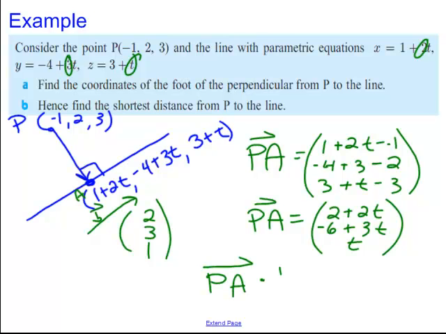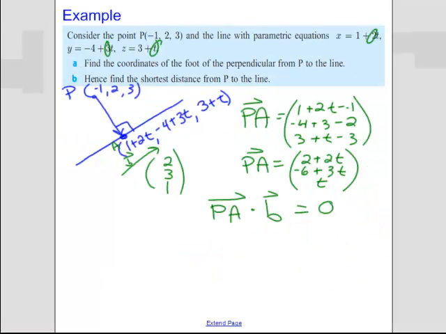Vector PA dot vector B has to equal 0. So when I do my dot product, I'm going to skip a couple steps here. 4 plus 4t minus 18 plus 9t plus t has to equal 0. Therefore t ends up equaling 1.